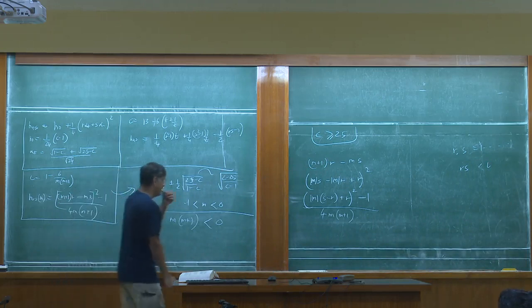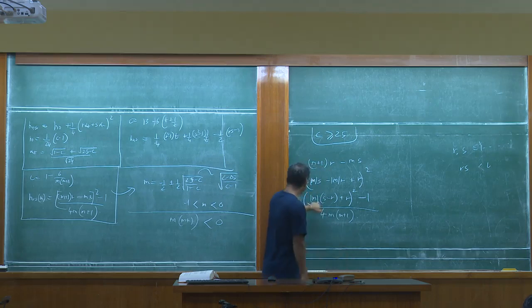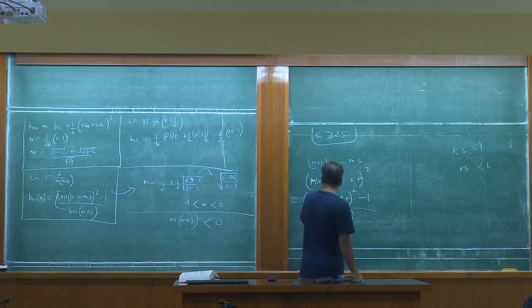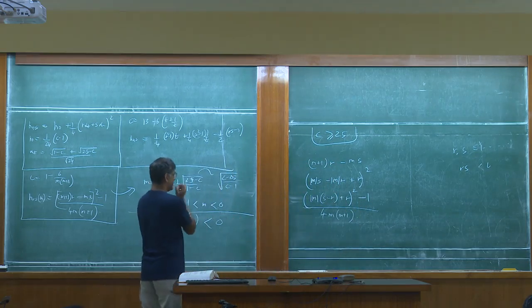Okay. Now, this quantity, therefore, I want to now argue that this quantity will always be greater than 1. Okay, so what is the argument for that?